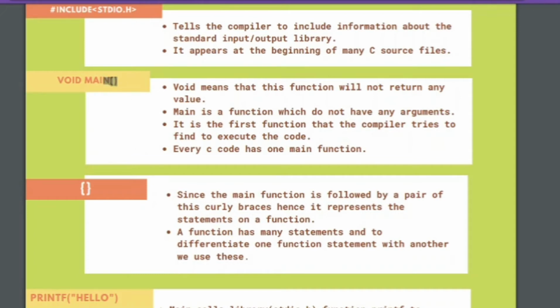Here, functions are denoted by a pair of parentheses. If there is a pair of parentheses next to anything, then that thing is a function. Just remember it. Every C program has one main function, and it is very important to include a main function because it is the first thing that the compiler finds to run a C program.